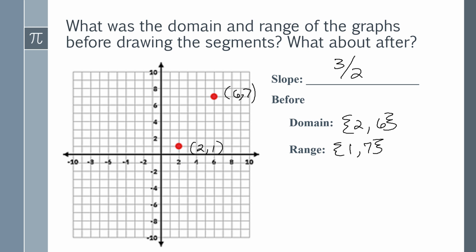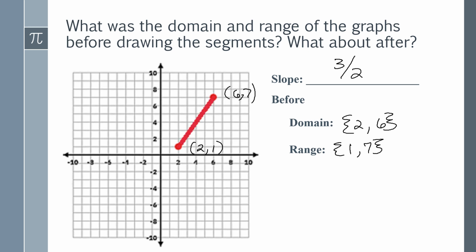Now, something interesting happens when we draw our segment. Our domain now has to include all these different values, all these fractional values between 2 and 6. So we're going to have to use our inequalities. So this would be 2 ≤ x ≤ 6.